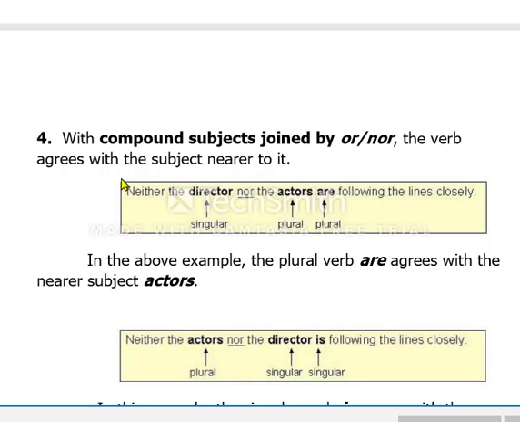In the next sentence, the actors and the director are swapped: neither the actors nor the director is following the lines closely.